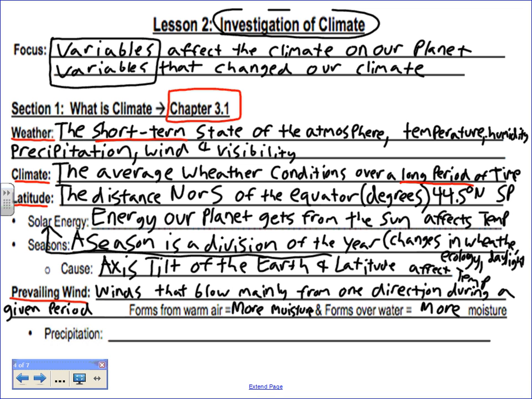And when we talk about precipitation, precipitation is water that falls to Earth as rain, snow, or sleet. Right? So there's different forms of precipitation, but it's basically different types of water, different states of water.